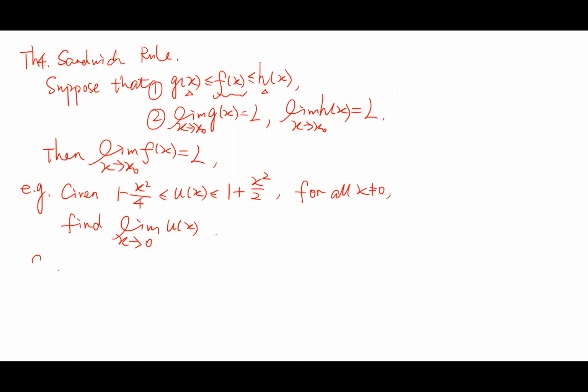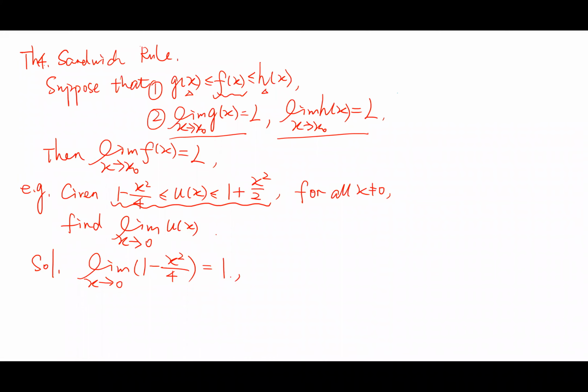So we can solve it like this, because we have the first condition, right? That is very similar to the rule above. And second, we have to check the second condition. So as x approaches 0, the limit of 1 minus x squared over 4: we can substitute 0 into this function, so the limit is 1.